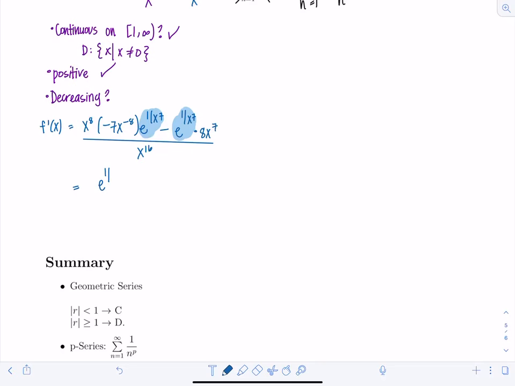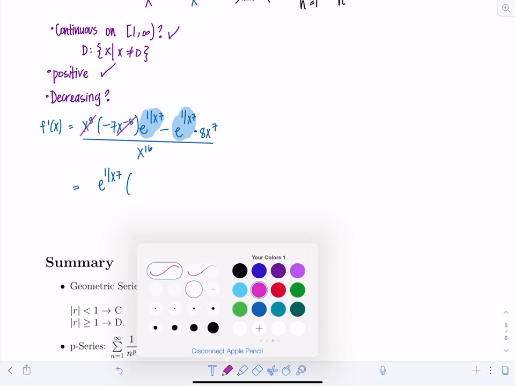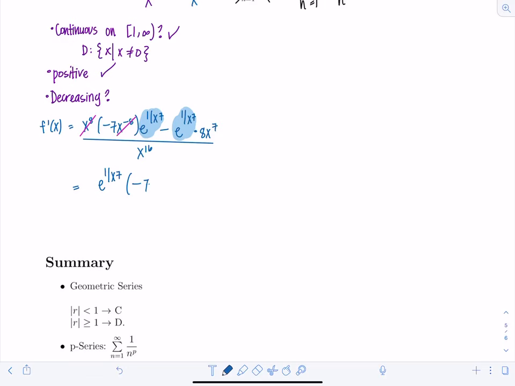What am I left with here? Well, this x to the 8th is going to cancel with x to the negative 8th. So all I have is negative 7 minus 8x to the 7th. Whew, that cleaned up nicely. Over x to the 16th.